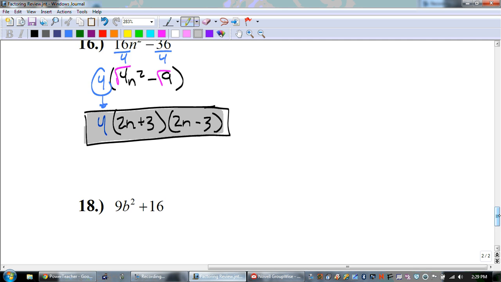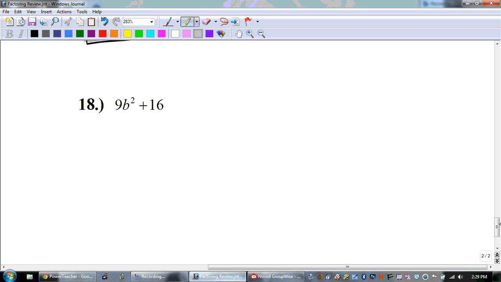All right, last one. 18. Is there a GCF? Are you getting tired of me saying that yet? Hope not. All right, so there is no GCF. It's a quadratic binomial.